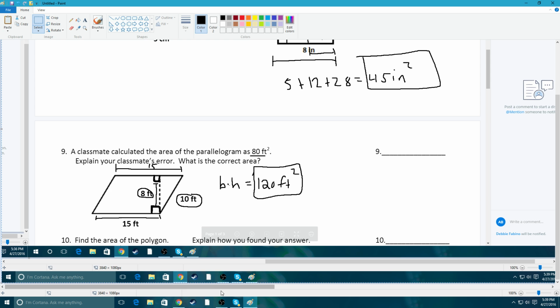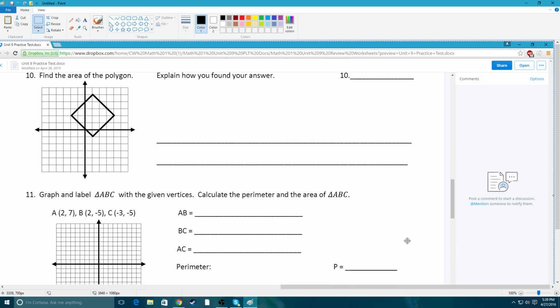Number 10. Area of a polygon. It looks like a square. But I can tell you right now that we can look at these diagonals that go across just like this. So across we have 1, 2, 3, 4, 5, 6.